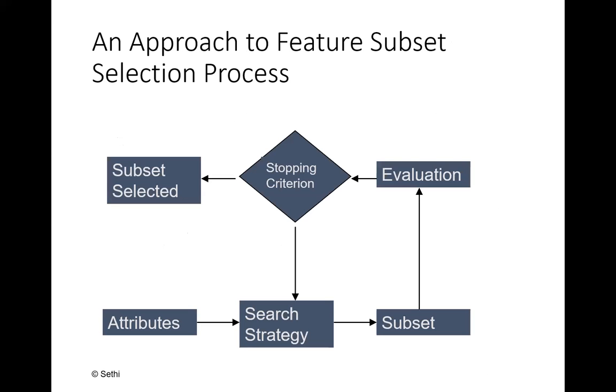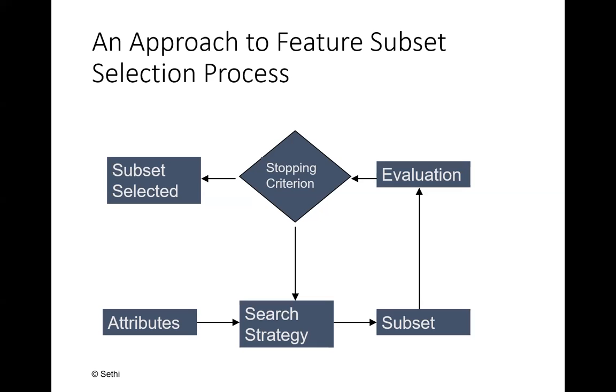So what one can do is think of an approach like this. You start at the bottom left with the attributes, and you have some method, let's call it a search strategy, which picks k attributes or defines what is the subset you want to pick. So you pick the subset. And then you need to have some kind of method that tells you how good is that subset.